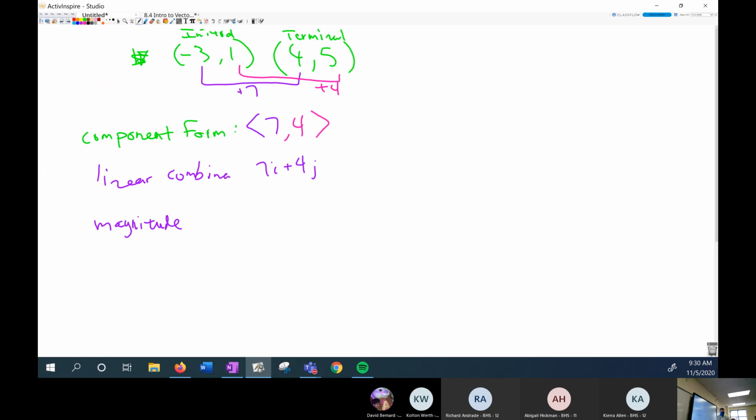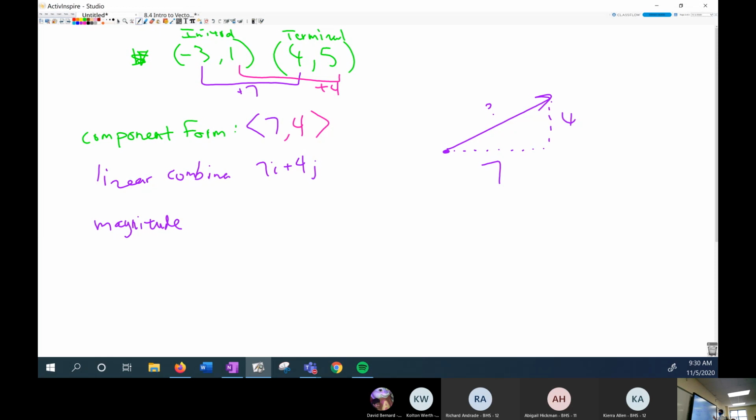How do we do magnitude? Well, what does this vector mean? I started someplace, and I went 7 to the right, and 4 up. That's my vector. Magnitude is how long is that vector? Pythagorean theorem. That's all magnitude ever means.